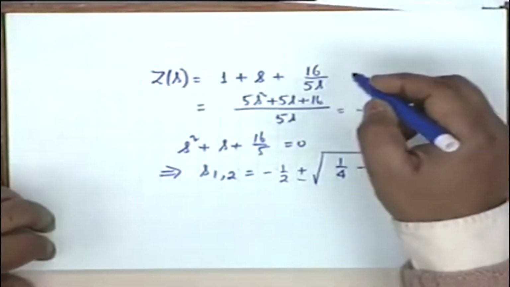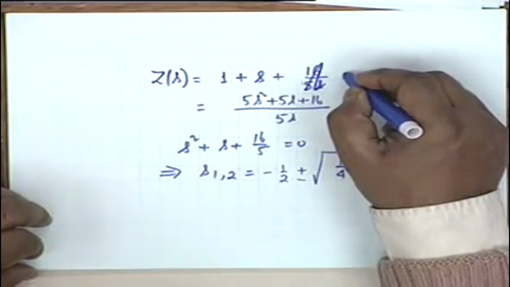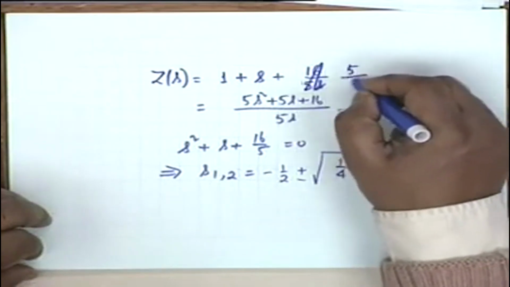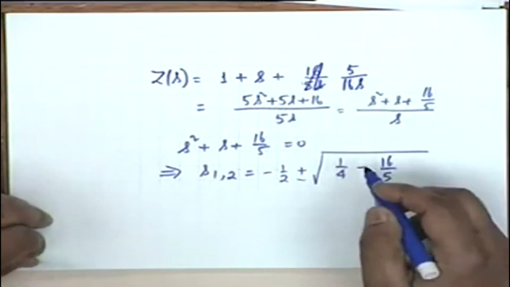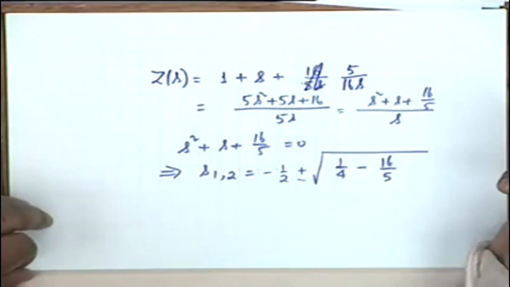Then my coefficient here becomes 5 by 16s. So does the whole thing change? Oh dear.